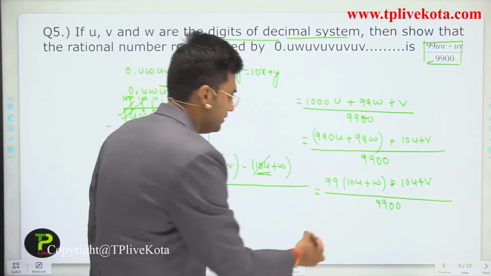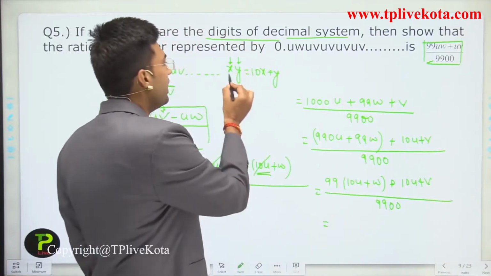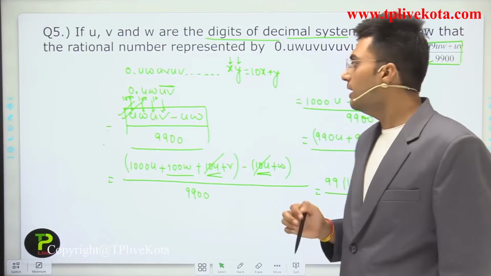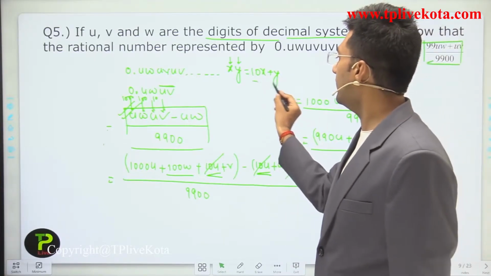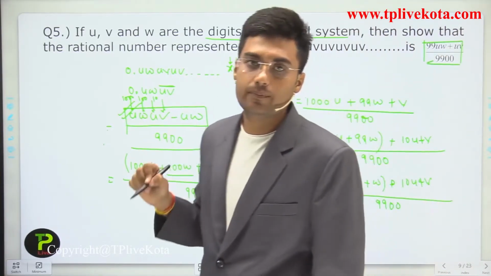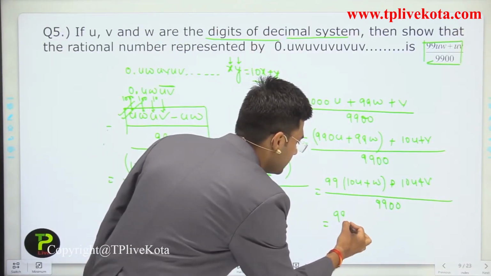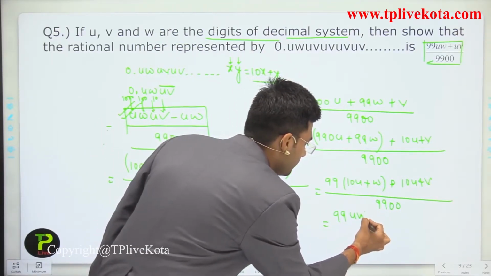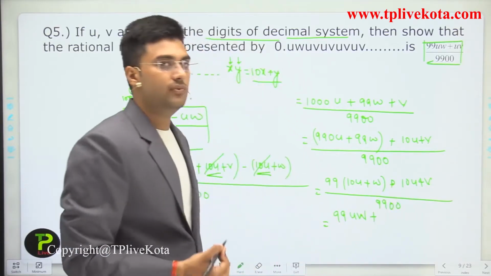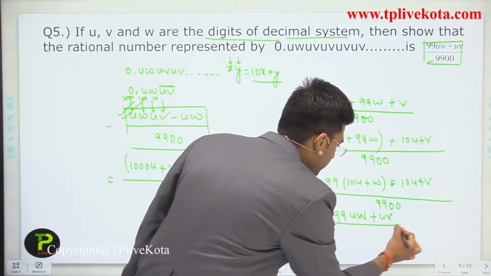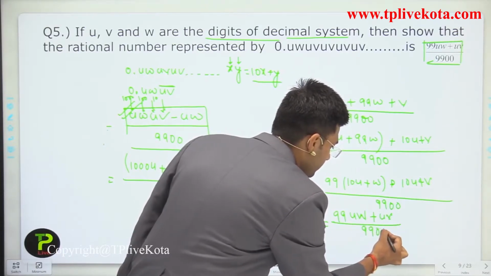Dear students, now if we write xy as 10x plus y in the decimal number system, then again we can write 10x plus y as xy. So here 10u plus w can be written as uw and 10u plus v can be written as uv, divided by 9900.